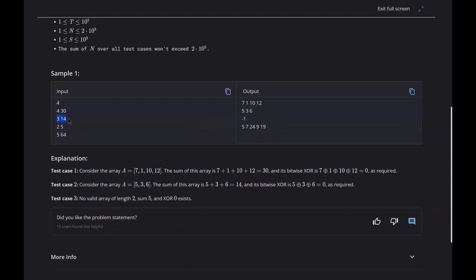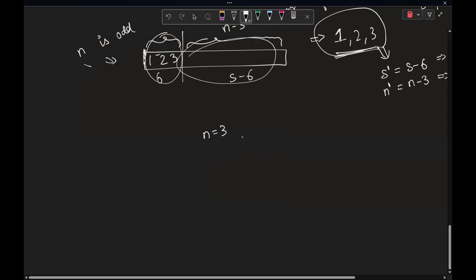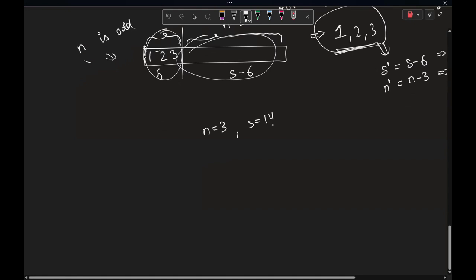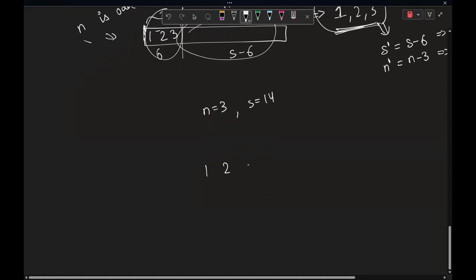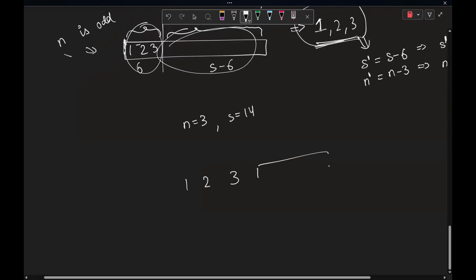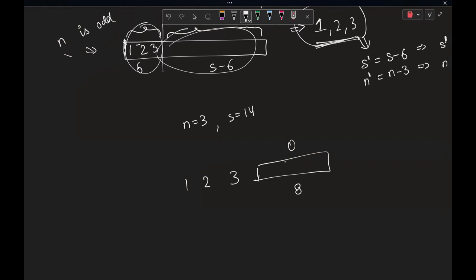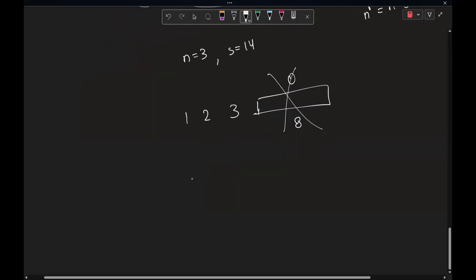That is this 3 comma 14. For this n equal to 3, s is equal to 14. My idea of putting up 1, 2, 3 at the beginning and then having the remaining zero elements have the sum of 8 will not really work out. So I will have to think of something else.